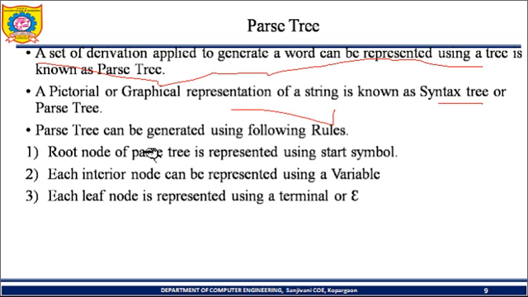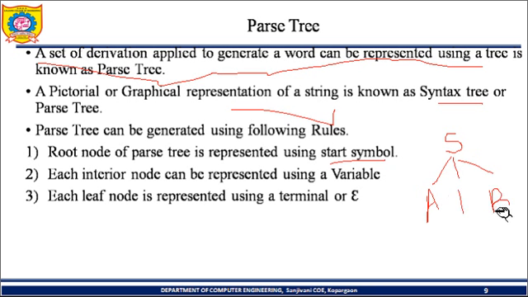So whenever we want to draw the parse tree or syntax tree, we need to use three rules. The root node of the parse tree is always the start symbol of the given grammar. Each interior node is represented with a variable, suppose A1B.